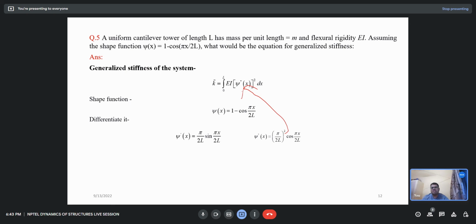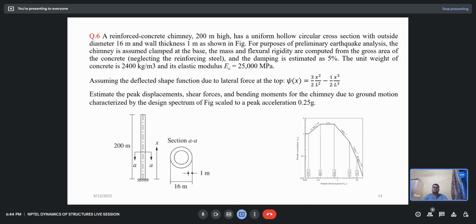If you put the equation in this, the final solution comes out to be EI times psi double dash x squared, and if we integrate it, we will get 3.04 EI by L cube. So this is the stiffness of your cantilever tower.